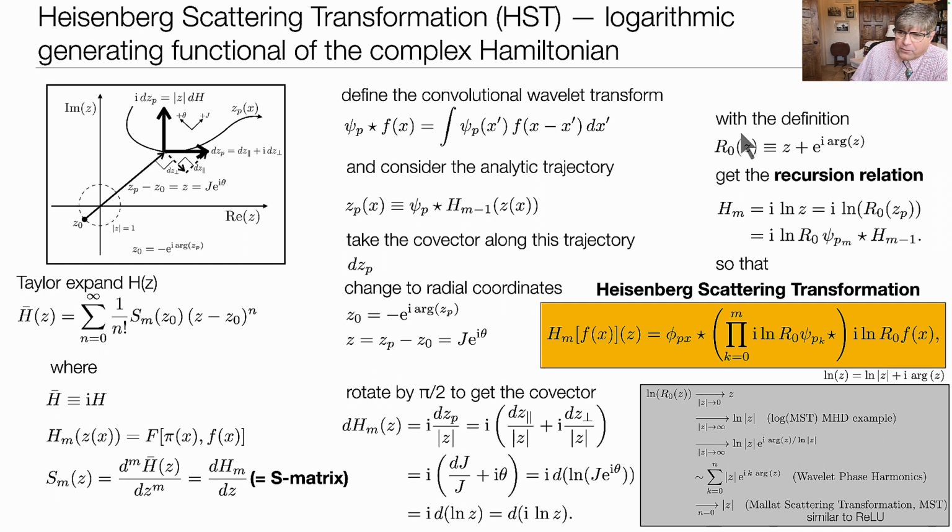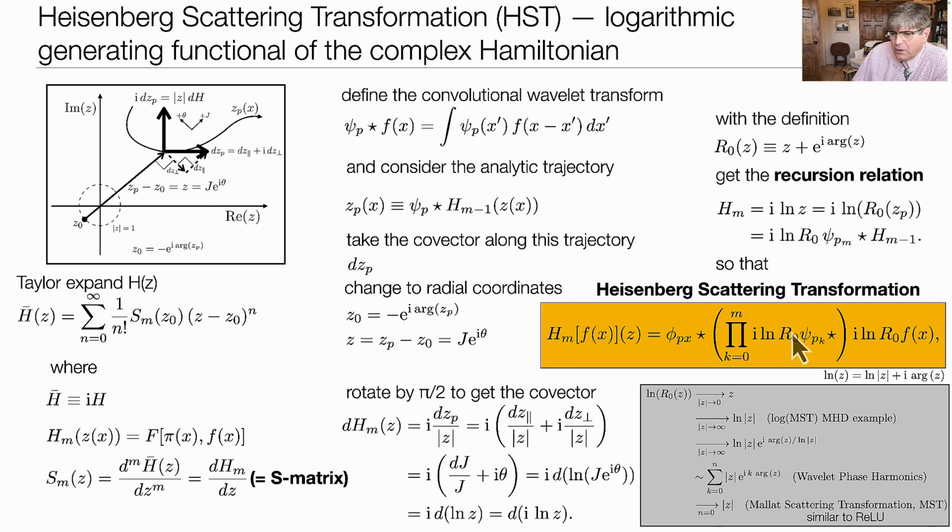And now we further define this function, which is really z plus 1, so that the repeated application of log will be a compact mapping to get the real thing that we desired, which is the recursion relation for the Hamiltonian h sub little m. And this can then be composited up to give the expression for the full Heisenberg scattering transformation.